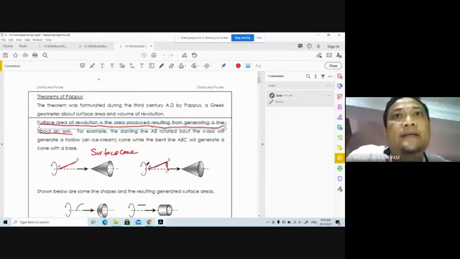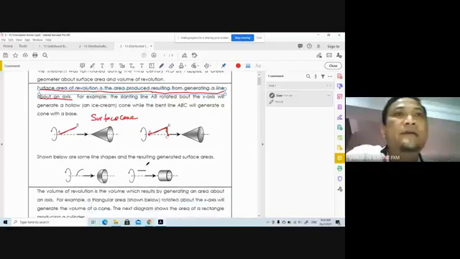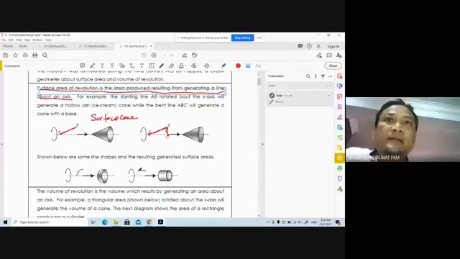Same thing if you want to get the surface area of a cylinder: you revolve a single line here 360 degrees and you get the surface of the cylinder. All right, so simple. You go to AutoCAD.